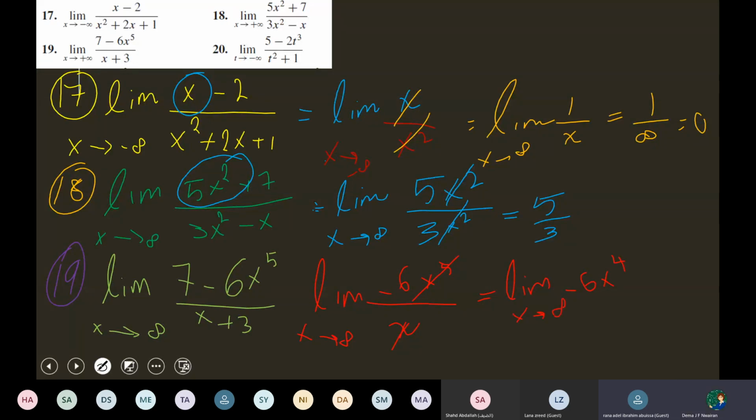Then what do you have to do now? You have to focus on the sign of the numbers. Is it right? No. Why?